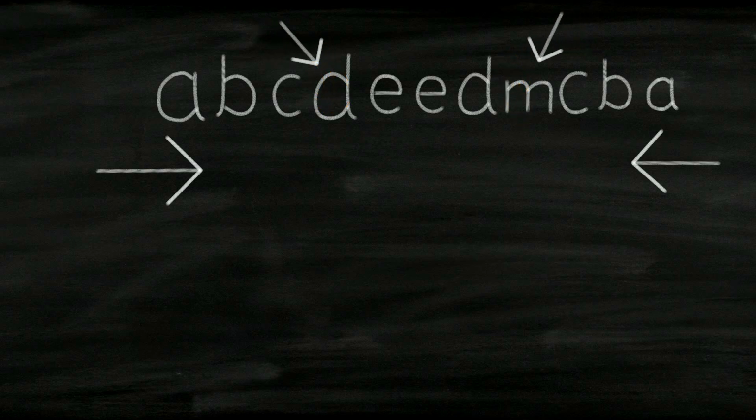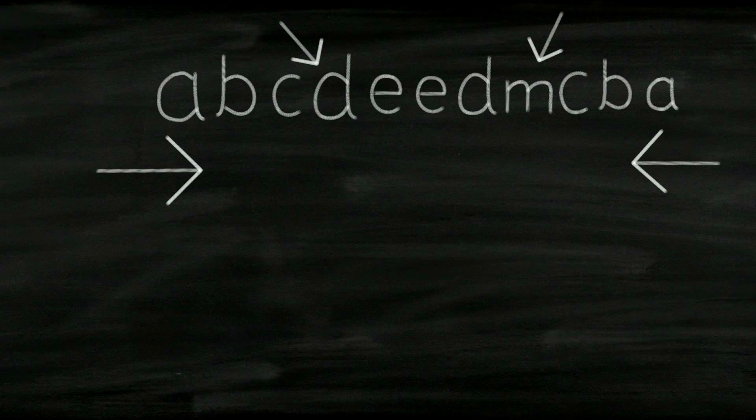Now we have to decide, shall we remove D or shall we remove M? We don't really know, like should we try to remove D and see if it's a palindrome or not, and then try later to remove M and see if it's a palindrome or not? That could be one solution.